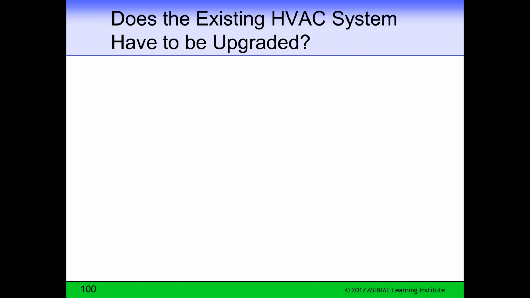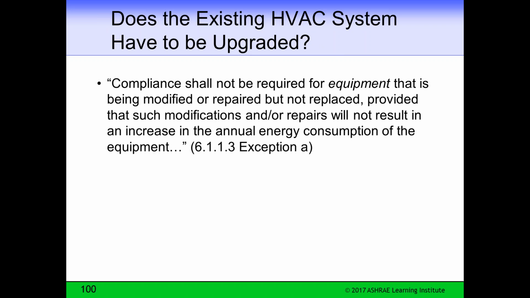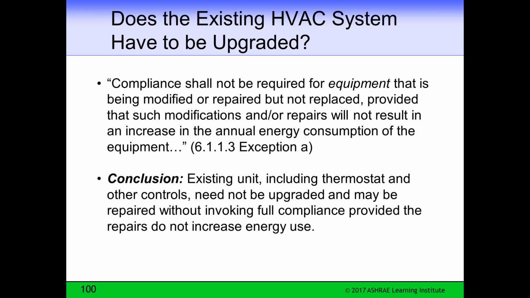Now, does the existing HVAC system have to be upgraded? That red unit in the front. Compliance shall not be required for equipment that is being modified or repaired, but not replaced, provided that such modifications and/or repairs will not result in an increase in the annual energy consumption of the equipment.